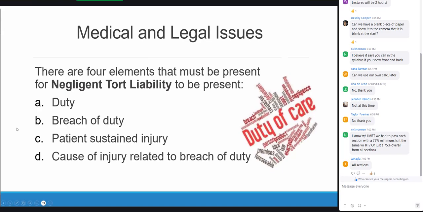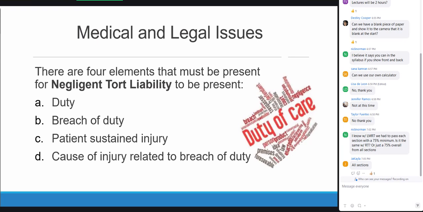Now, the elements that must be present in order for someone to successfully win a negligent tort case: there must be a breach of duty between the plaintiff and the defendant. Okay, so that patient, there had to be duty for that tech to that patient.